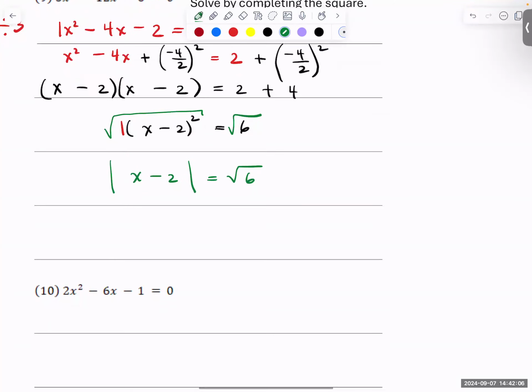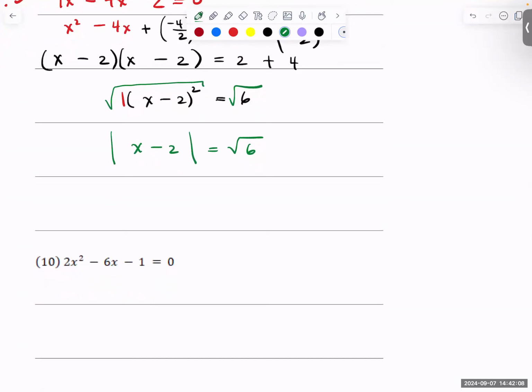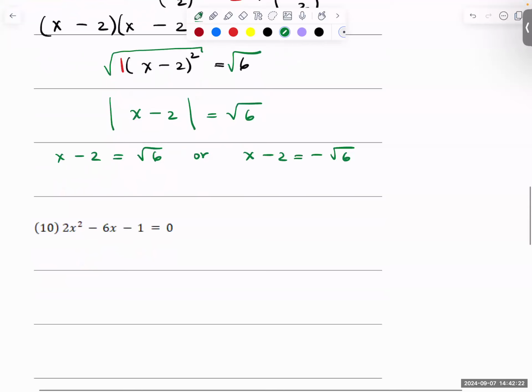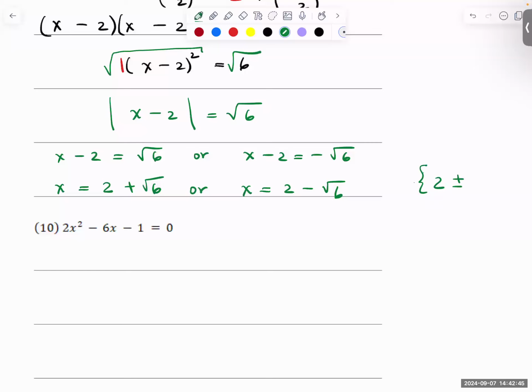An absolute value equation of this form has two solutions. Argument equals square root of 6, or argument x minus 2 equals negative square root of 6. So x equals, adding 2 to both sides, 2 plus square root of 6, or x equals 2 subtract square root of 6. And we can write that as 2 plus or minus square root of 6.